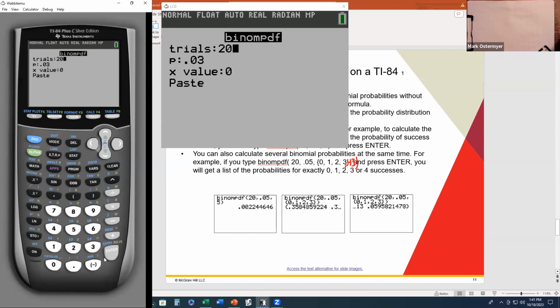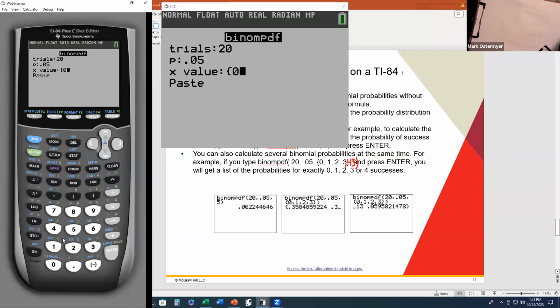20 trials, probability of a success is 0.05, whatever the success is. We'll assume it's a binomial experiment of some kind. Now, what's going on here? Well, we're going to have to bring up the open brace. And where is the open brace? The open brace is above your open parenthesis key. So second open parenthesis brings up the open brace.